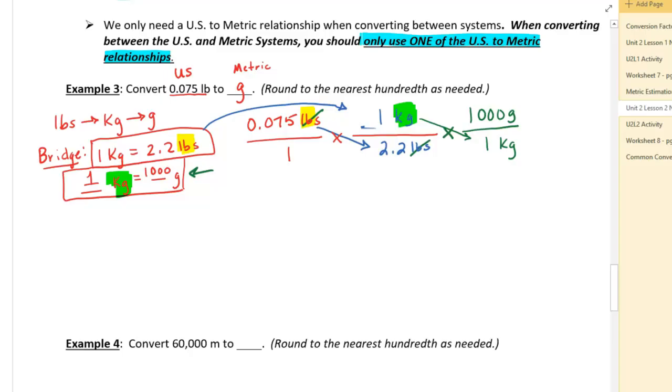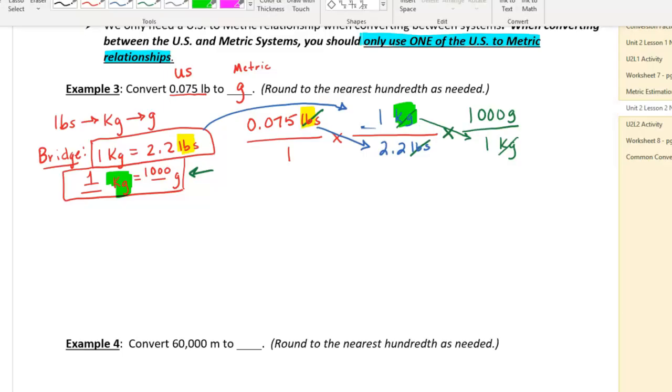So note, some students mistakenly think, well, the 1 always goes on the top, but notice in this problem, 1 went on the top here, but it went on the bottom here. So what determines what goes on the top and the bottom are your units, because you want them to cancel out. So you can't leave the units out of your string, because then you won't know where to go next.